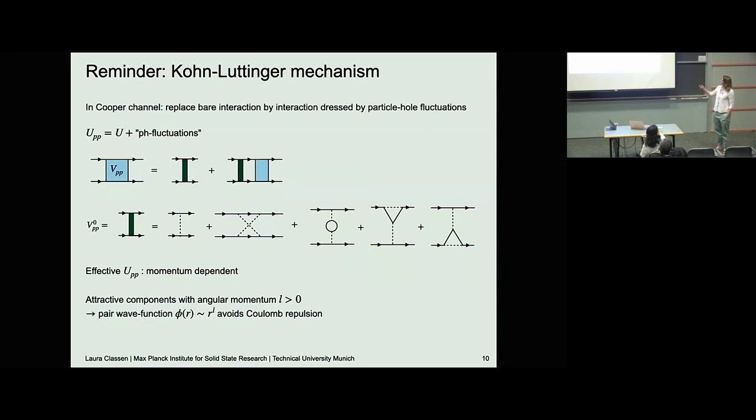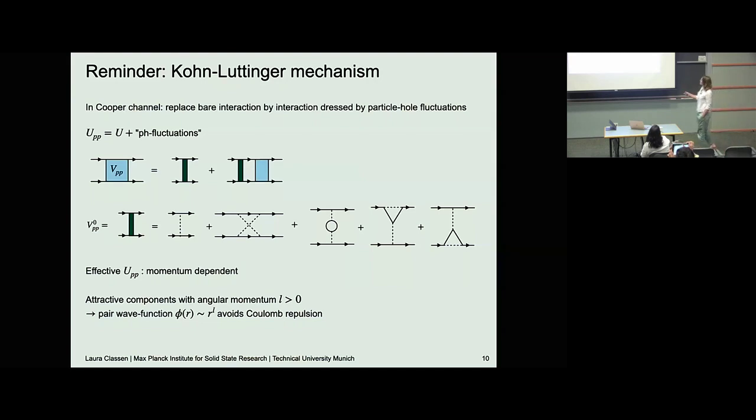What was the ingenious idea of Kohn and Luttinger is, if we look at the interaction in the pairing channel, instead of using the bare Coulomb repulsion, we use the one corrected by particle-hole fluctuations. In diagrams, these would be just these diagrams.